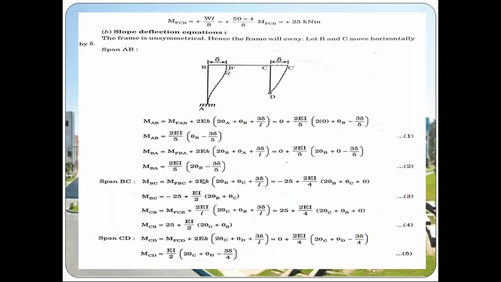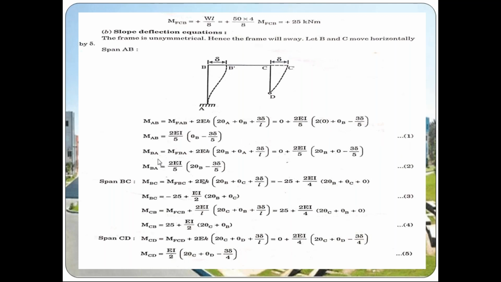Because of sway, we have to put minus symbol. So minus 3 into delta divided by L, L is nothing but the span length of AB. So minus 3 delta by 5. Therefore MAB is equal to 2EI by 5 into theta B minus 3 delta by 5. So this is equation number 1.